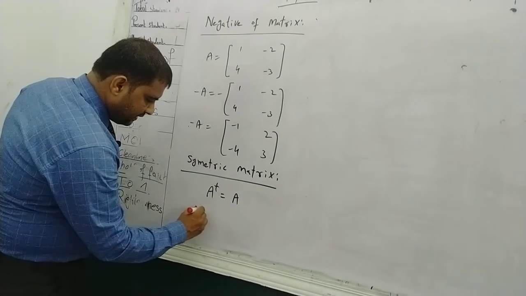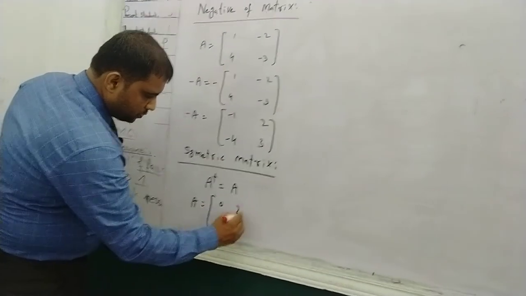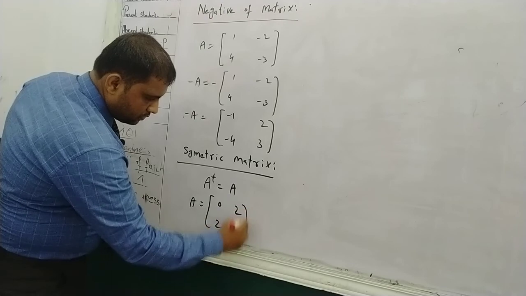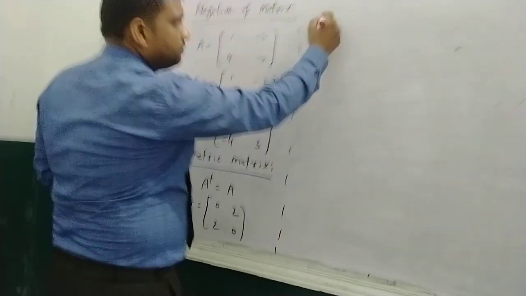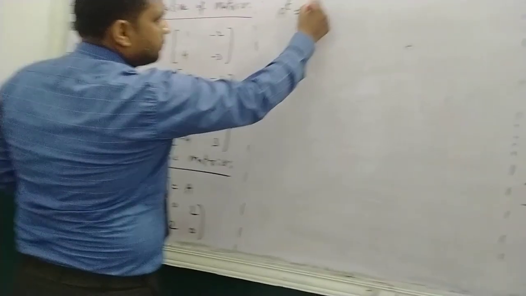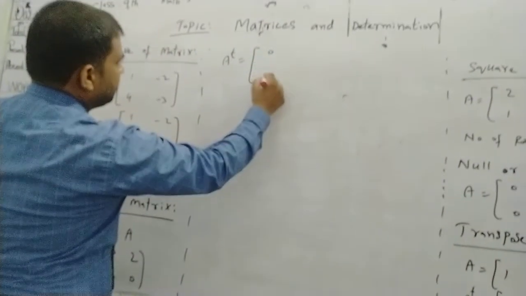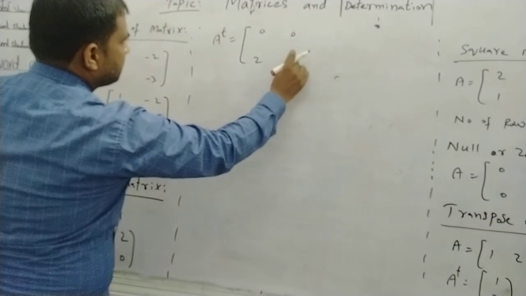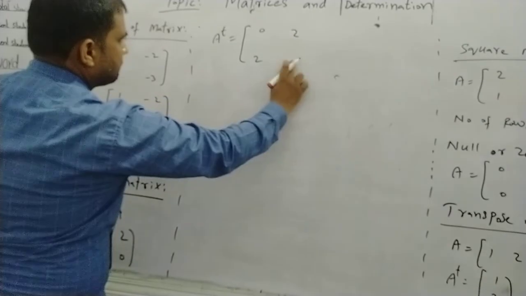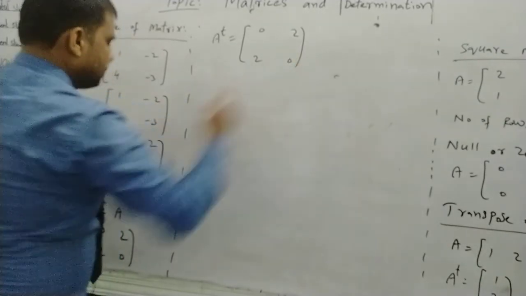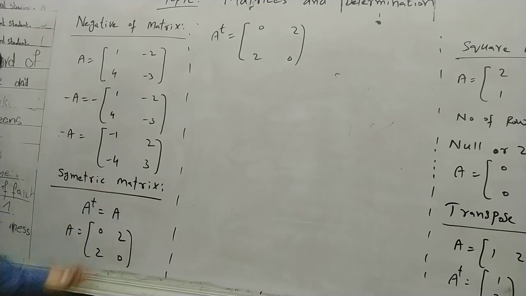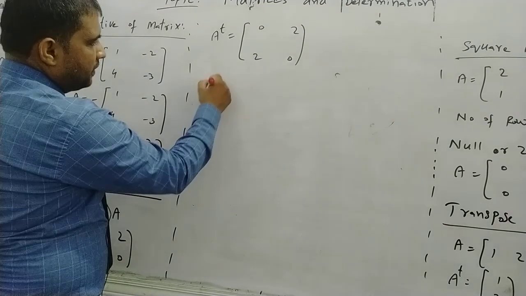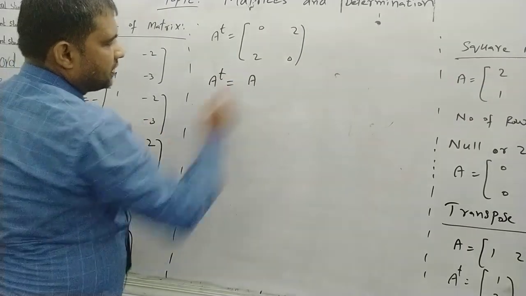Like A is 0 2, now we transpose, the answer will be same. The rows change into columns. So transpose of A is equal to A.